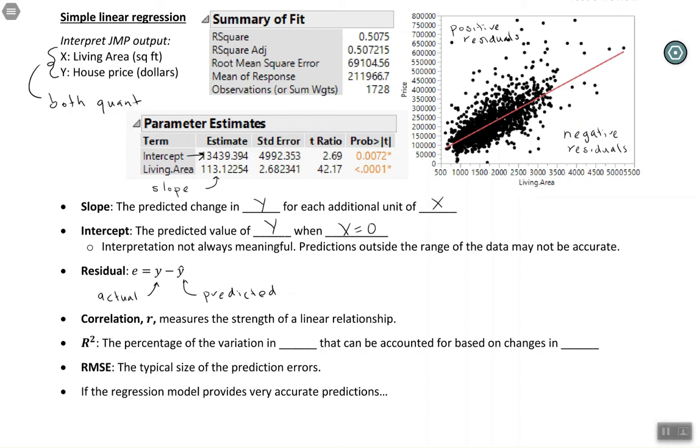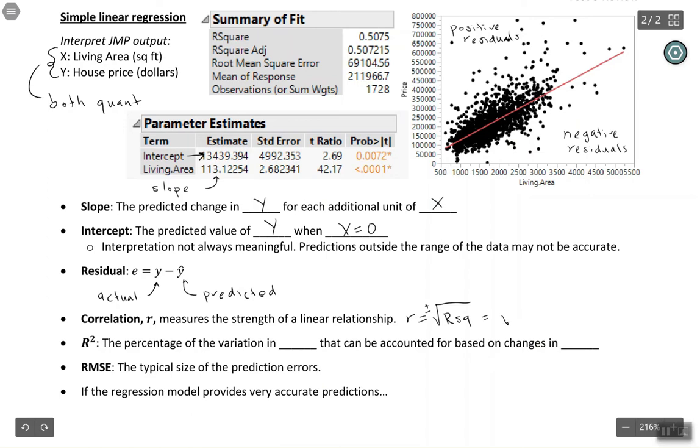Okay, so let's move on to some measures of how well the model fits, or in other words, how accurate your predictions are. So correlation is one way to measure the strength of a linear relationship. And to get the correlation, you're going to take the square root of your r squared value. And it could be positive or negative depending on the direction of the relationship.